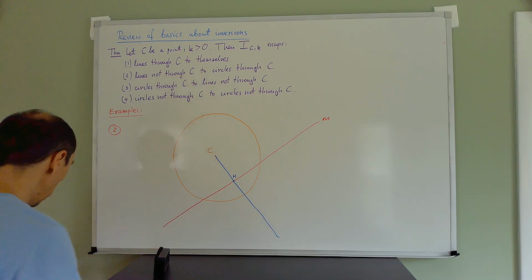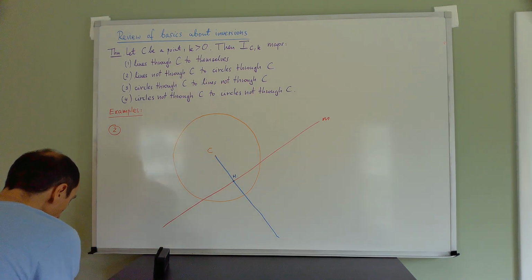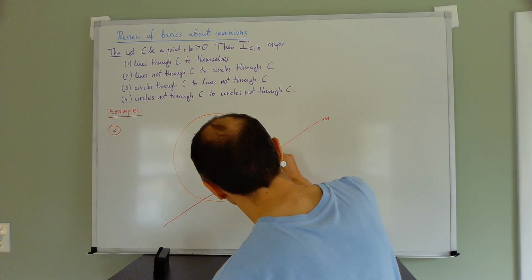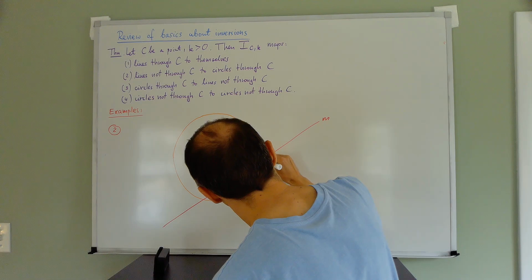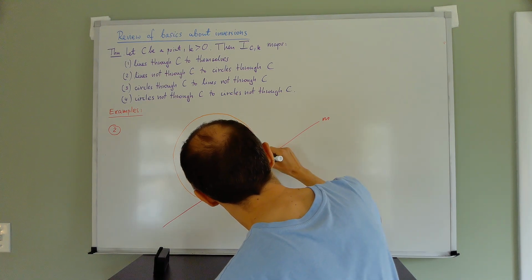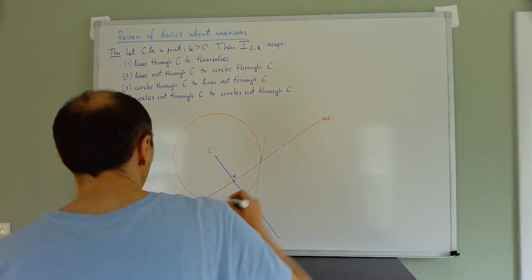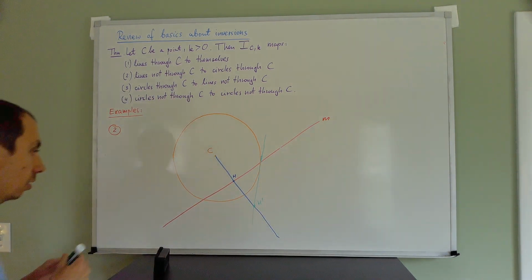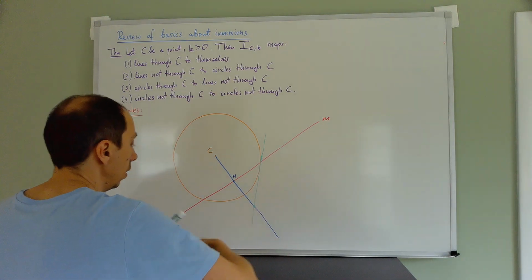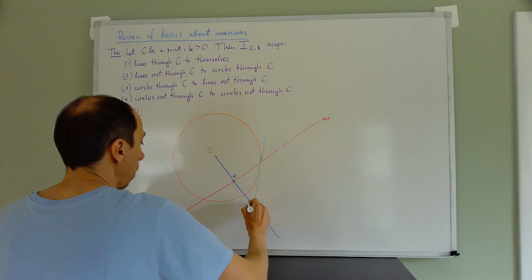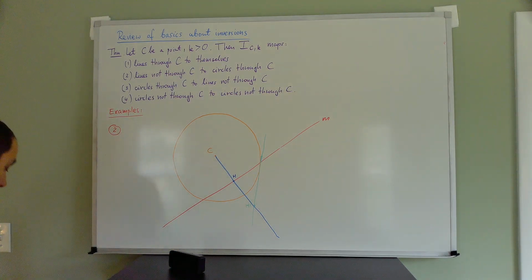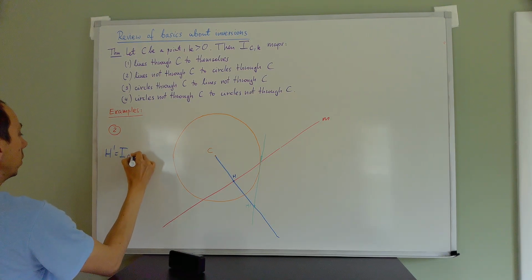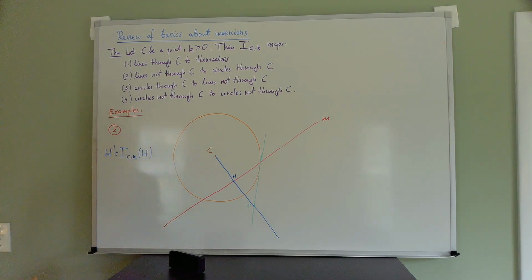So I again use the same trick, namely use this perpendicular, draw a tangent line, and this gives me a point H prime. Let's write this H prime here. So H prime, as before, is the image of H under the inversion.